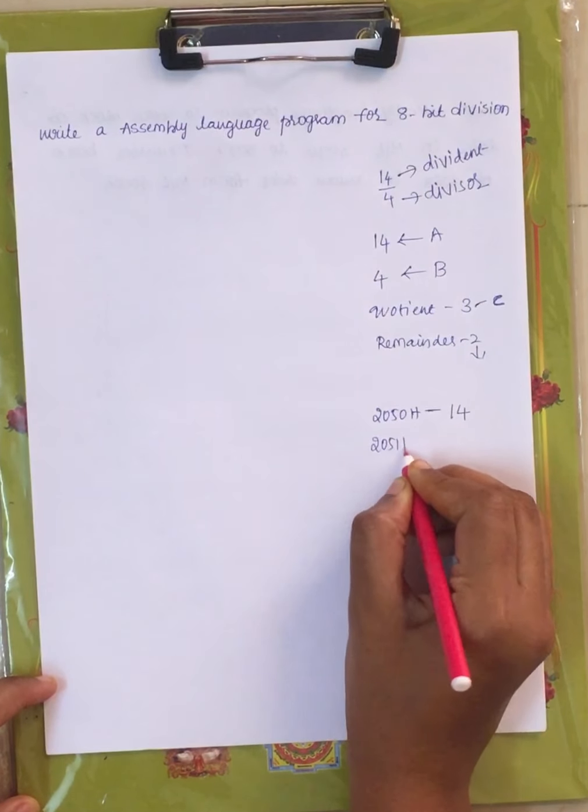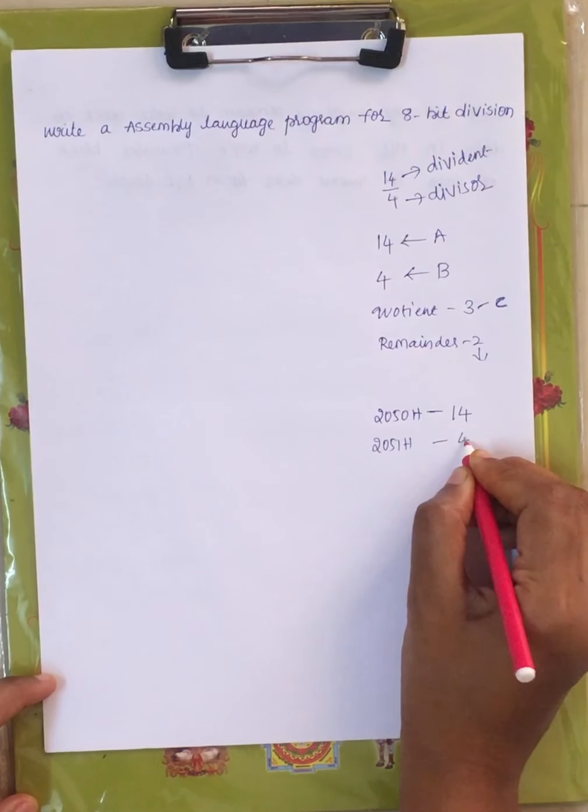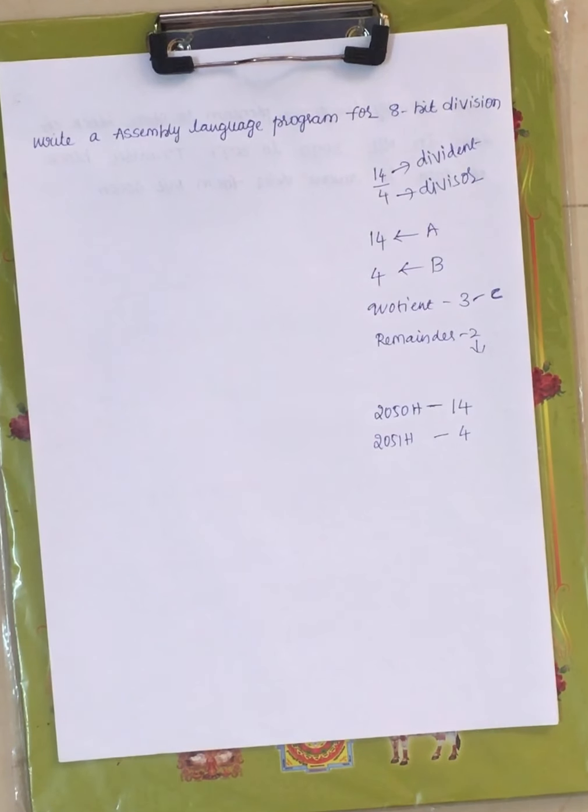You have 2051H, and this is storing the divisor. 2050H is the memory location storing the dividend, and 2051H is the memory location storing the divisor. You have to acquire the divisor from memory location 2051H and store it into register B.